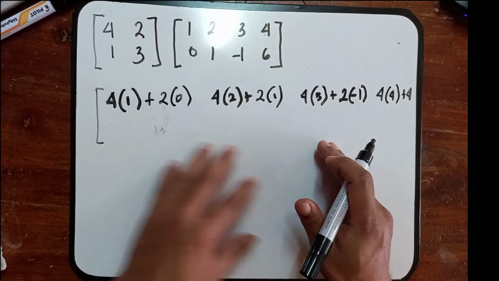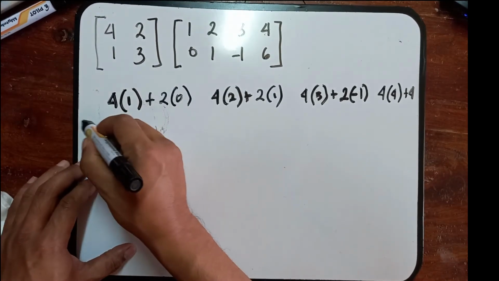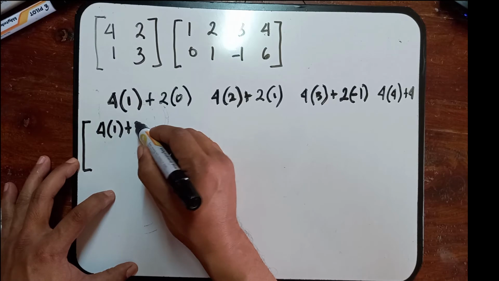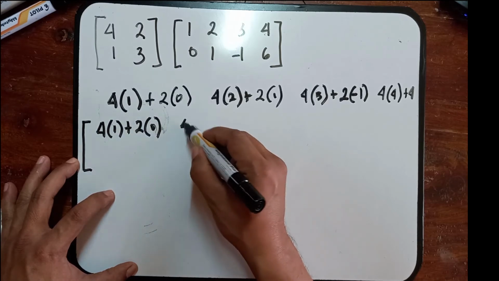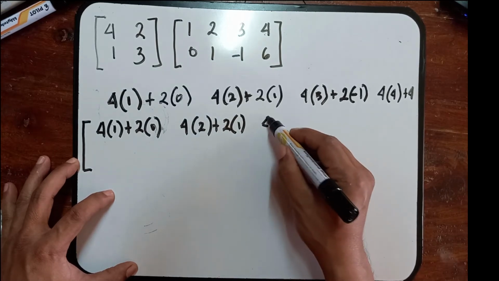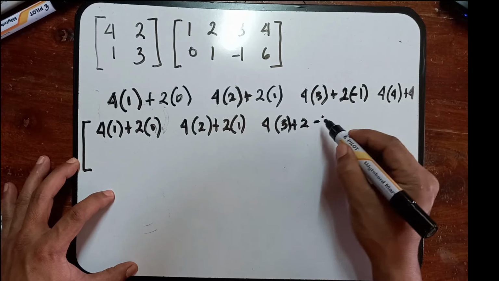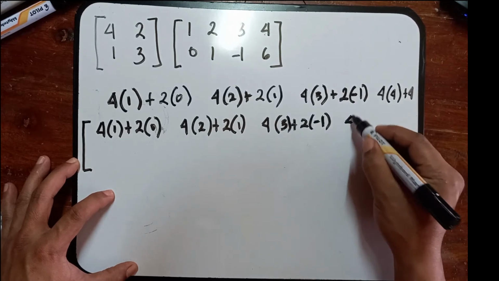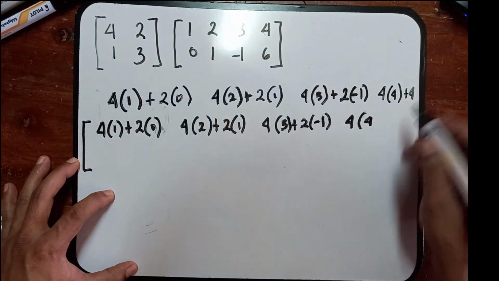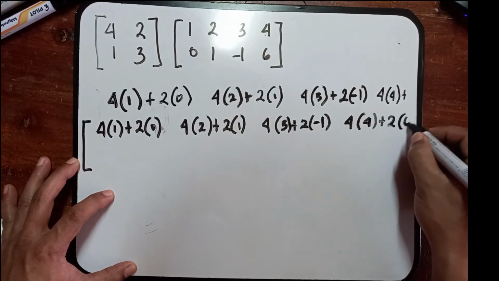Maybe we have to compress this, so let me write it down here: 4 times 1 plus 2 times 0, then 4 times 2 plus 2 times 1, then 4 times 3 plus 2 times negative 1, and then 4 times 4 plus 2 times 6.